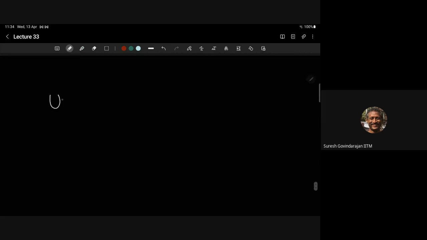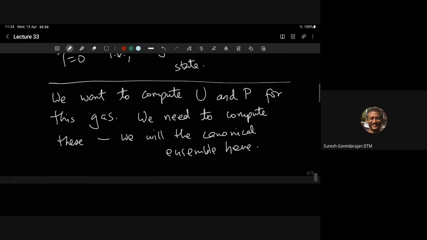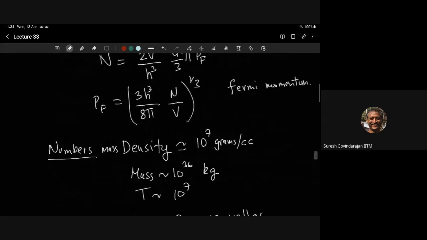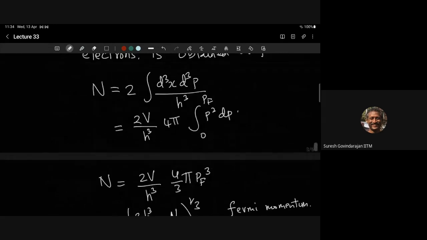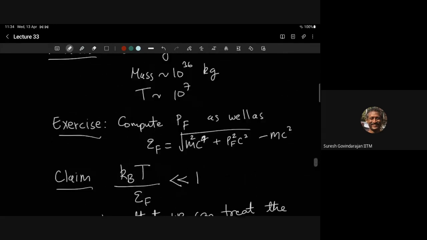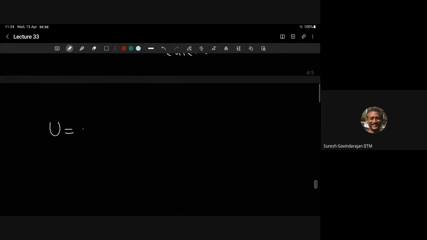So what will U be? It'll be similar to what we wrote here. We had an integral here, right? 2V times the energy, so this is like the density of states.